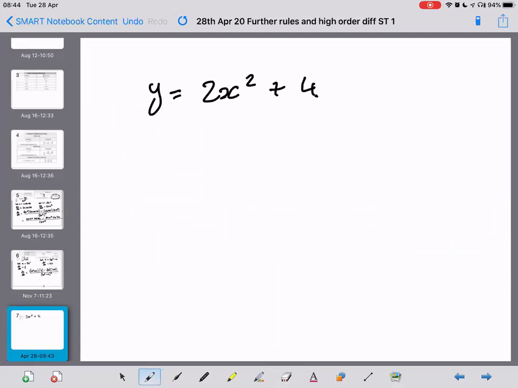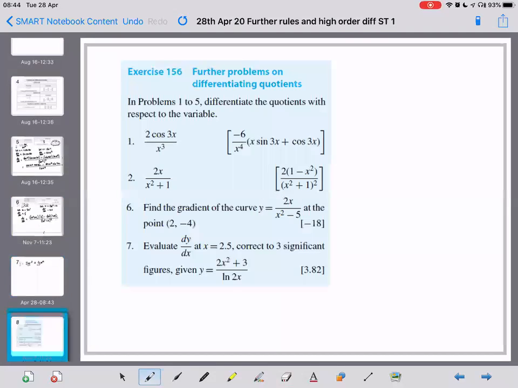Now, when we want to differentiate that, we differentiate each of these two separately and add them together, right? So this could be written as 4 times x to the 0 and still be the same thing because x to the 0 is 1, yeah?